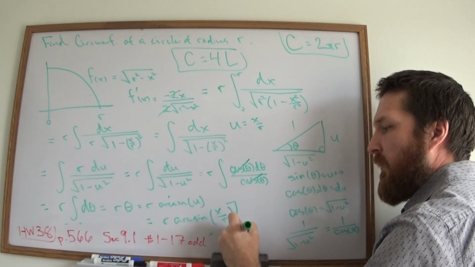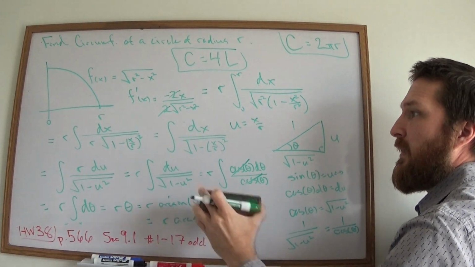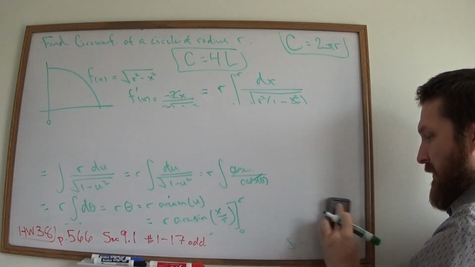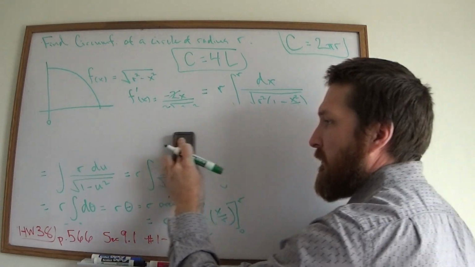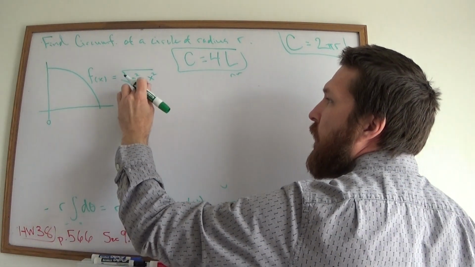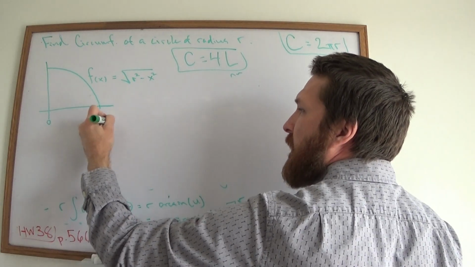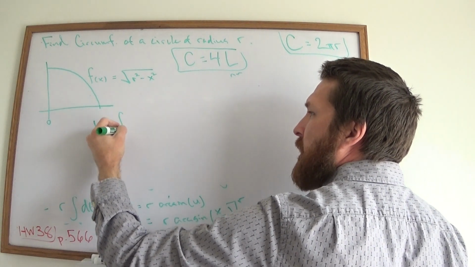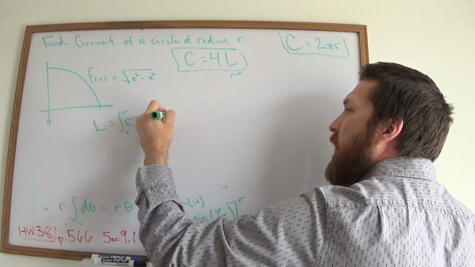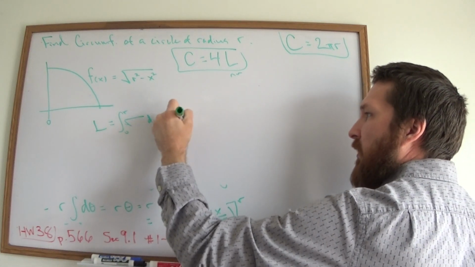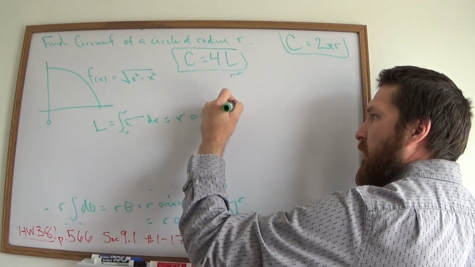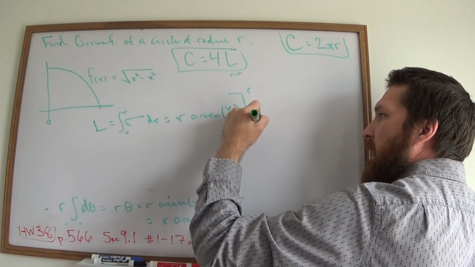So, from 0 up to r, and now let's get rid of this stuff. Now I've got all my substitutions back. I don't need any of this. And I'm going to say, okay, so we had that the limit was from 0 up to r of the stuff, which we found is r arc sine x over r, up at r and down at 0.